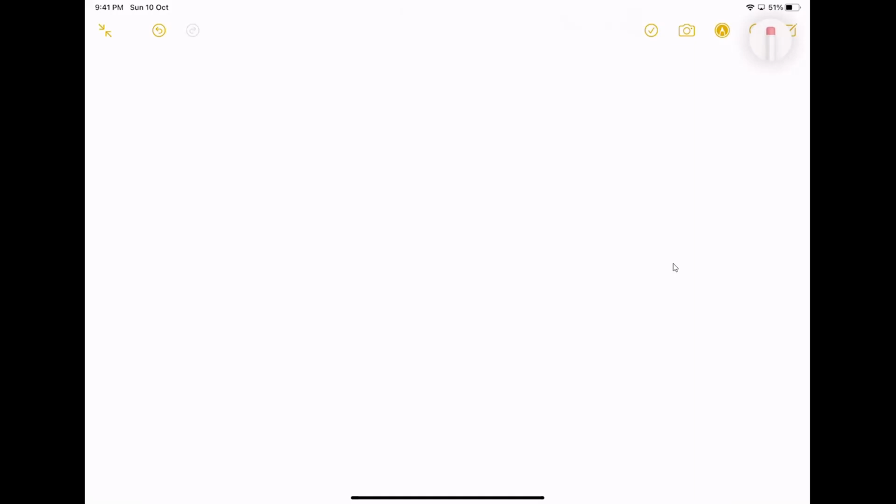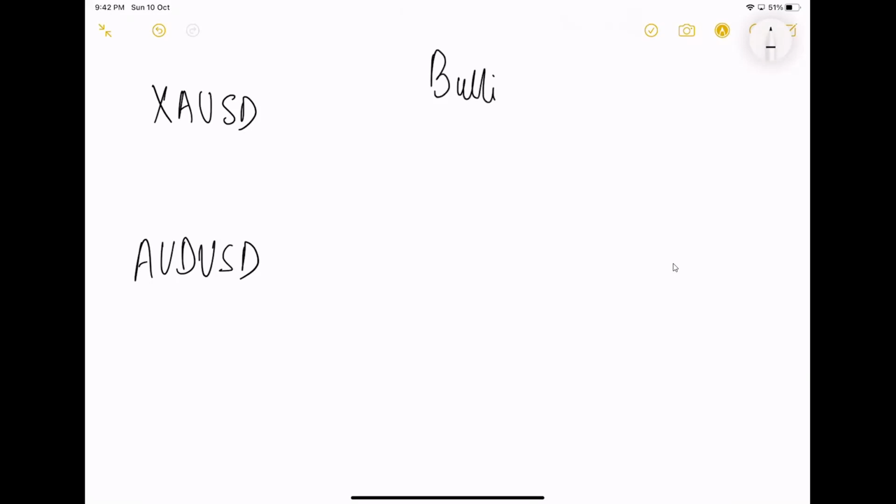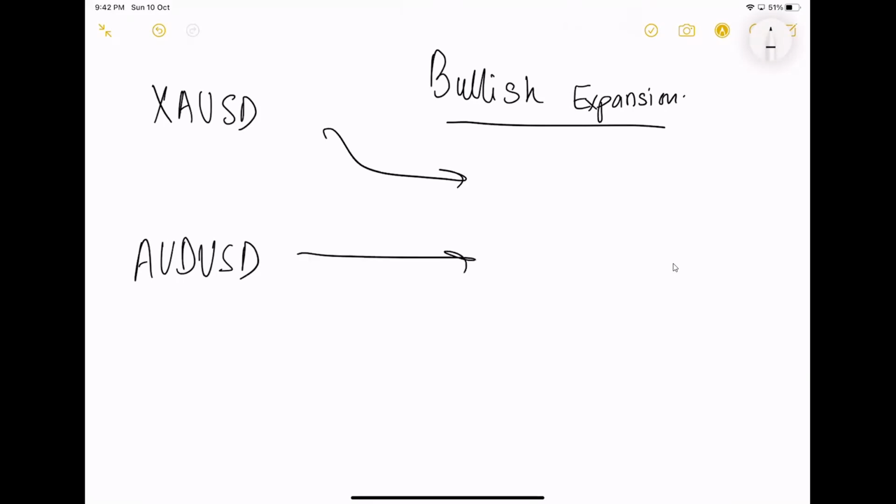Let's use something that I trade. So here we have gold, and you have AUD USD. Now for a bullish expansion, you want gold to make, let's say, a low, and this one to make a higher low.